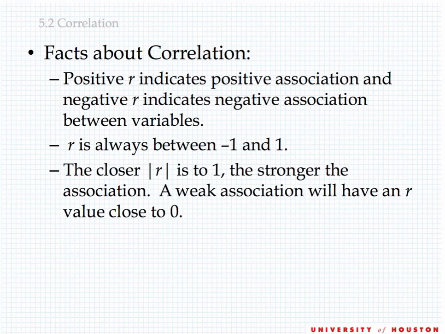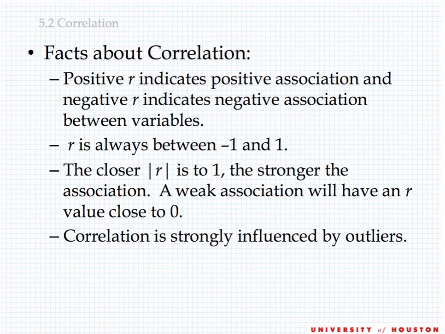The closer the absolute value of R is to 1, the stronger the association. If R equals 1 or -1 exactly, then every point fits on the same line. A weak association will have an R value closer to 0. Correlation is strongly influenced by outliers.